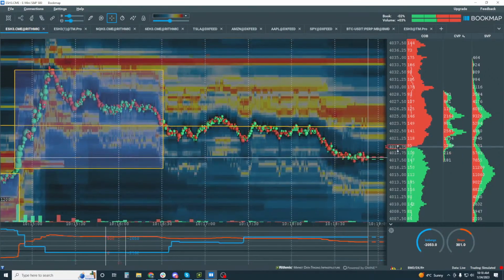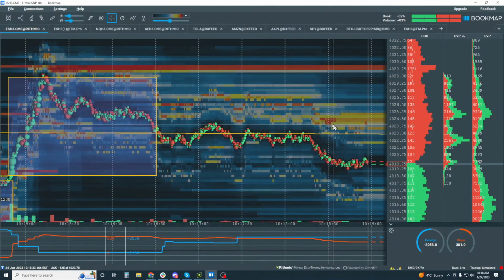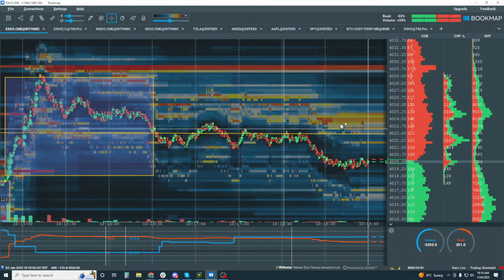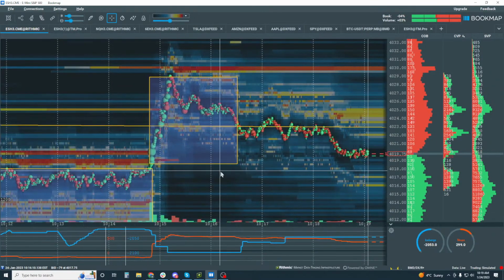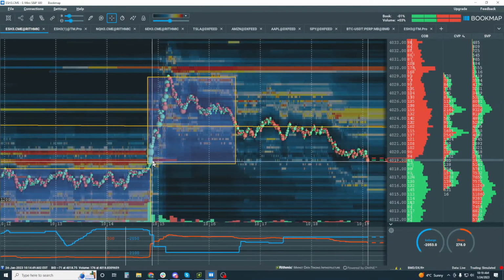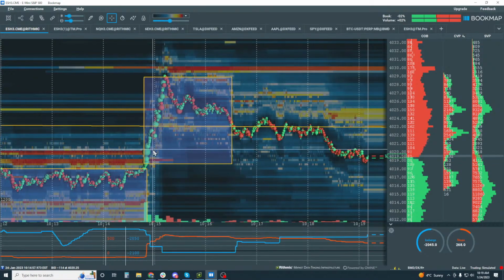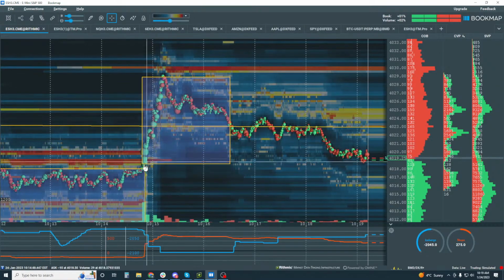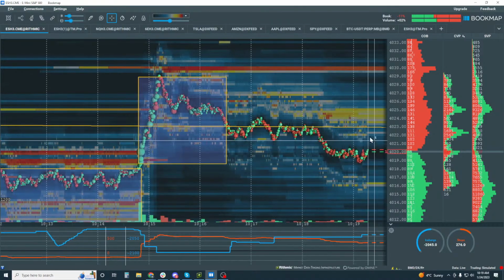If we do, then I'd look for the move to come back up to about here. This liquidity is also above the swings in here, around 24 or so. So the question is, after the stop run, this is the volume event, does it accept or does it reject? And that's what we want to determine now.